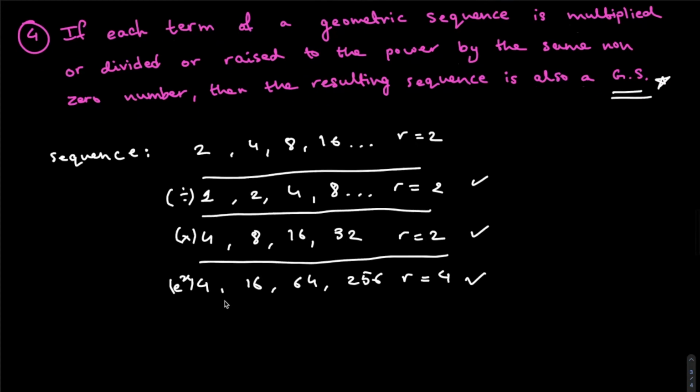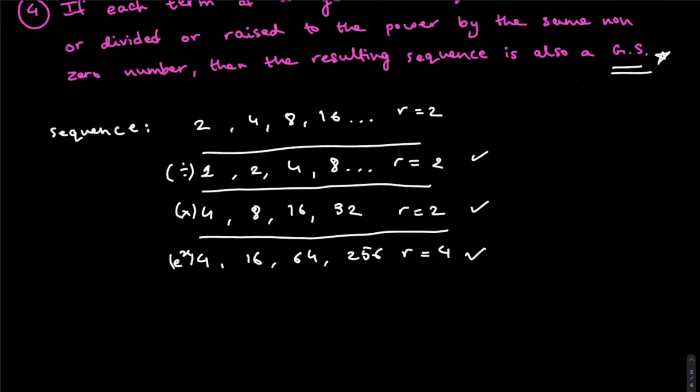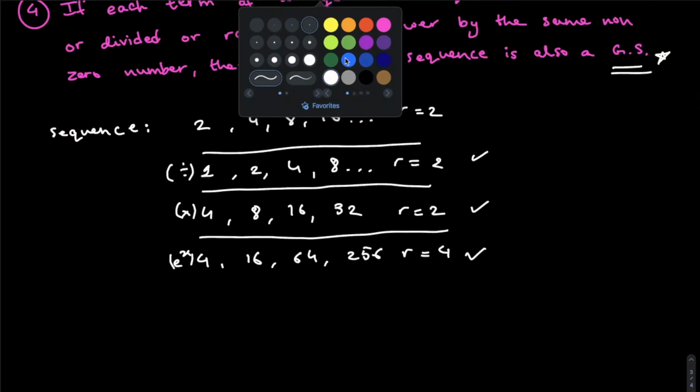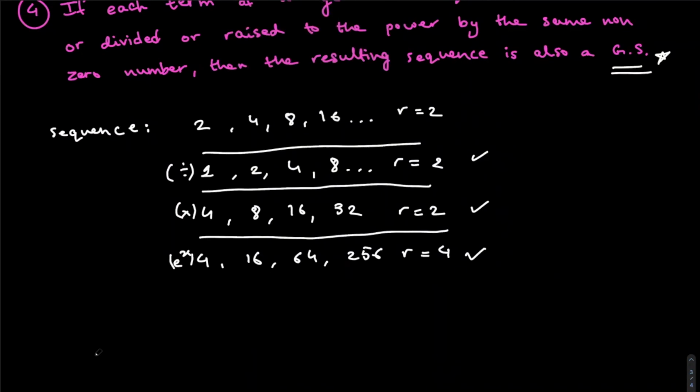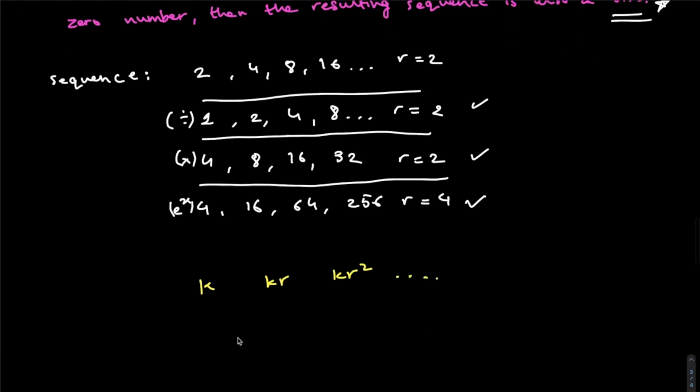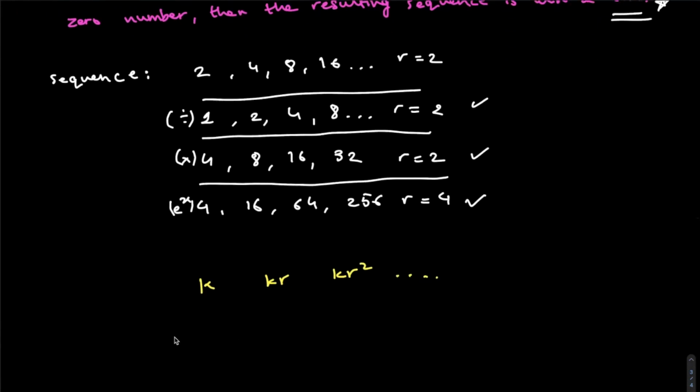Now, if I'm going to put this in general terms, I can do that as well. Let's change the color. I'll take yellow. Maybe if we have some k, kr squared, dot, dot, dot. So maybe I'll just do something like a by b raised to the power k raised to the power m.